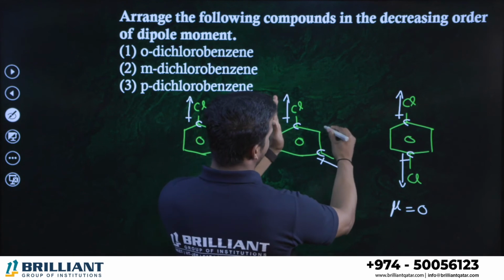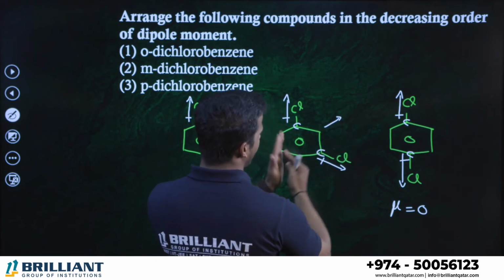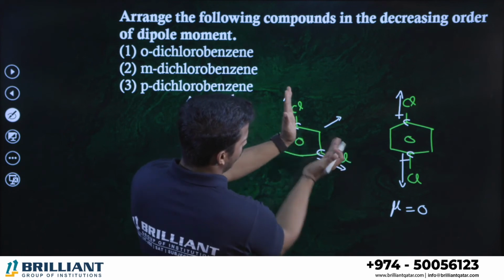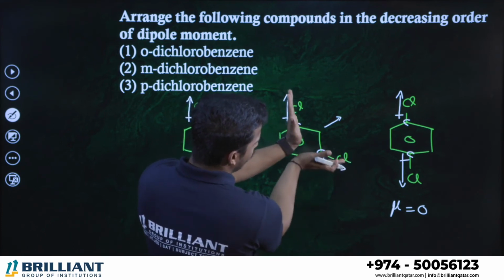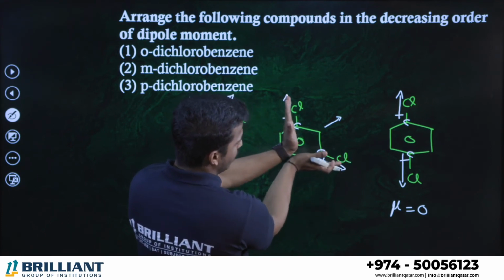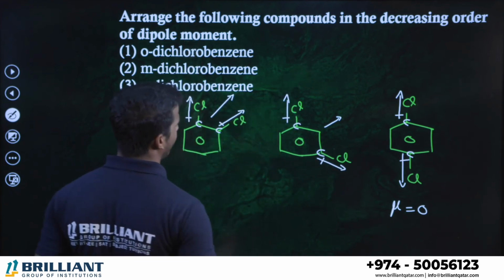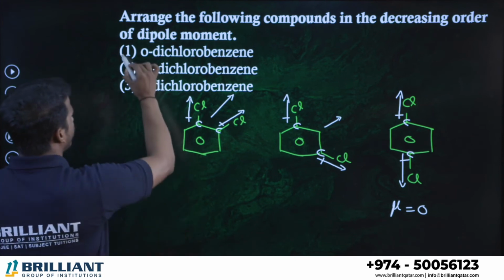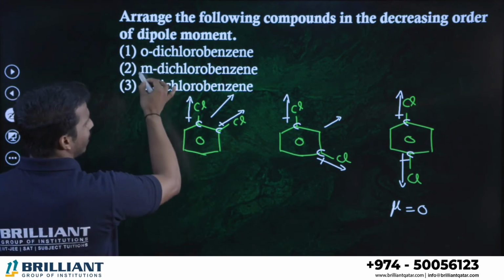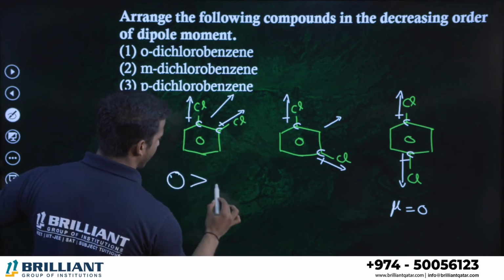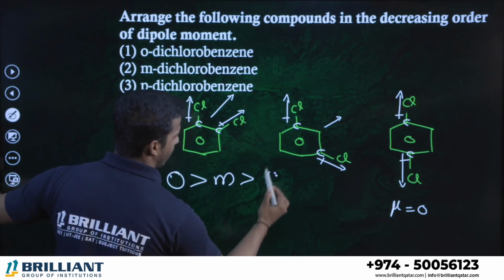Here the resultant is in this direction, but almost something is going to cancel. If they are opposite, they will cancel. They are almost coming to the opposite side, so they will nearly cancel each other. But here, nearby, the dipole moment is very great. So we can say ortho is greater, then meta, then para. So this is the decreasing order.